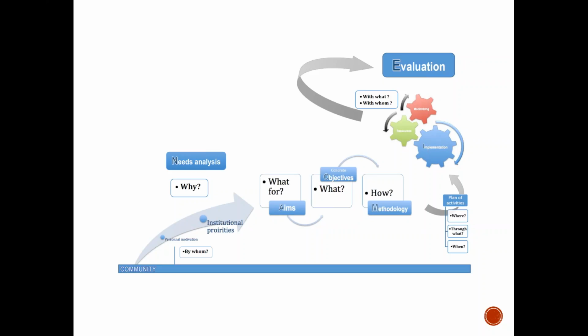First, you see that from the bottom you have the community that we're addressing, that we're discussing for, that we want to work with. And here the question is by whom? To be very clear, it is somehow a subjective question, because we could have also said for whom.